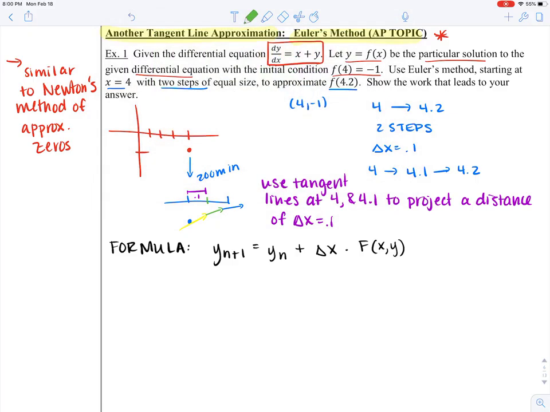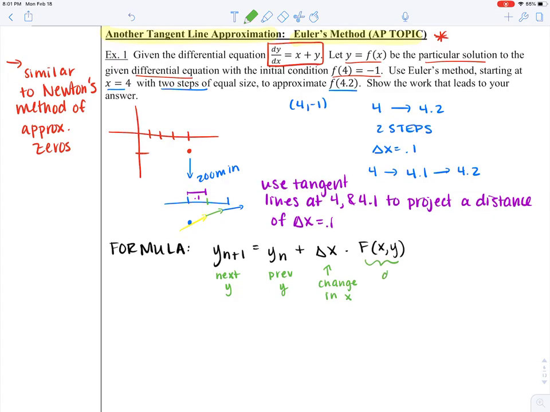This is called next y, previous y, delta x is the change in x, and F of x, y is your differential equation, also known as y prime.